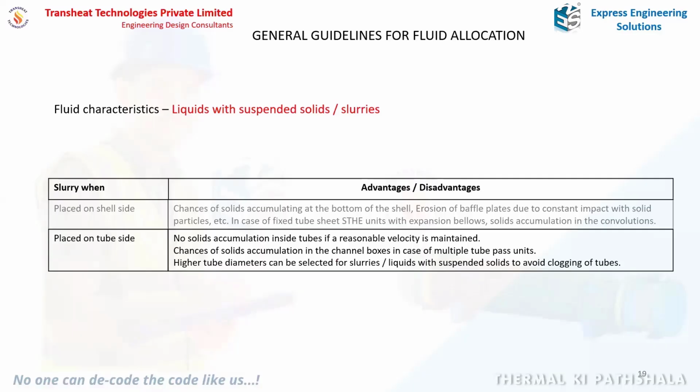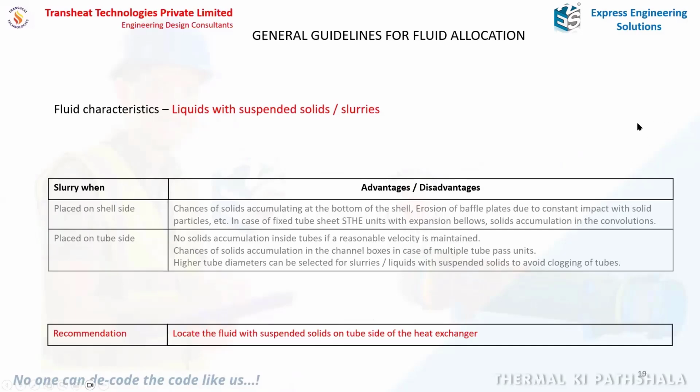You can also use larger tube diameters so that chances of accumulation and clogging of the tubes are reduced. So effectively, it is better to place the fluid with suspended solids inside the tubes.